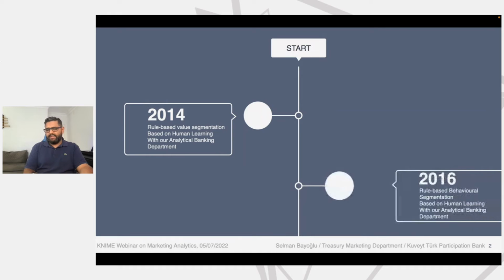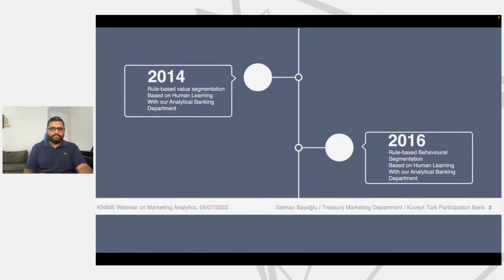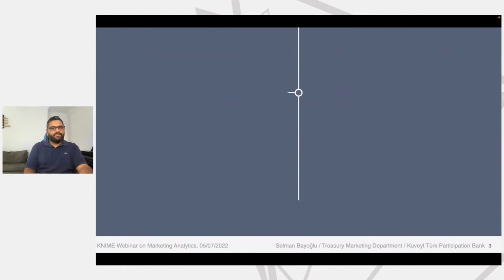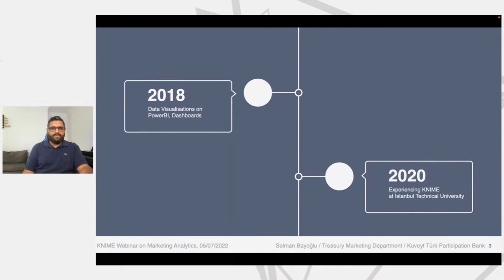In 2016, we started and completed rule-based behavioral segmentation, again based on human learning and experience with our analytical banking department. And in 2018, we started visualizing data on Power BI and dashboards, thanks to our training department at our bank. We have been equipped with these two tools for visualizations.